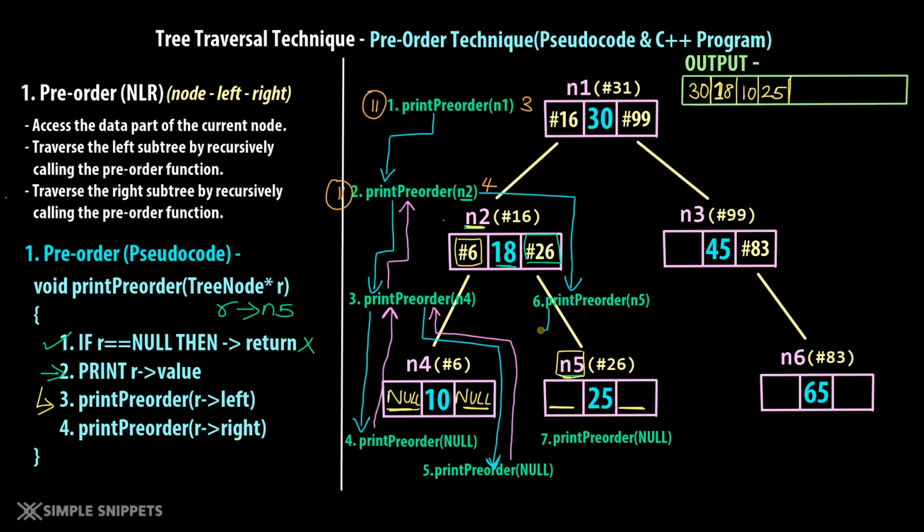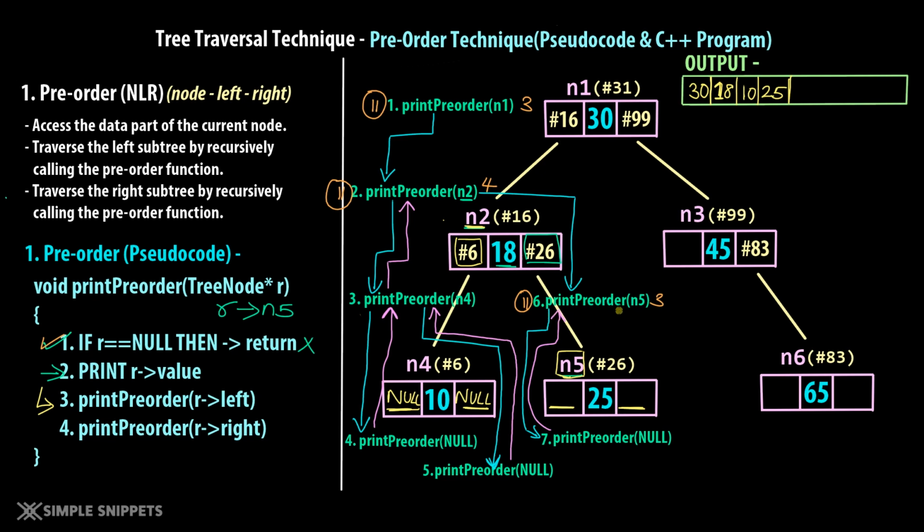The 6th print preorder gave a call to the 7th print preorder, passing null, which means the 6th print preorder is paused at step 3. For the 7th print preorder, we are passing null, which means at the very first step it is going to return and come back to its calling function, which is function 6.